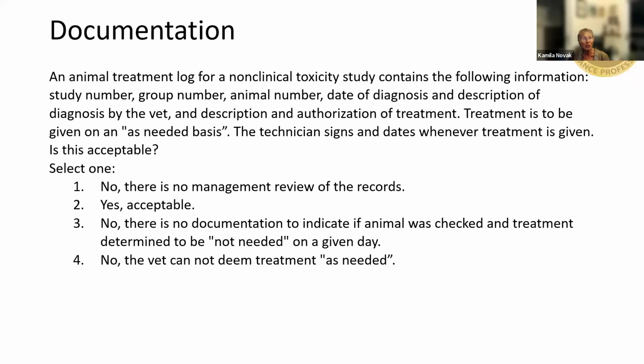It should be in the source documents stating that the question was asked and the answer was negative. And this is a very similar thing. The animal must be checked, and only then is it determined whether the medication is needed or not, but without any record, was it forgotten? Was it missed somehow? We can only guess, and we shouldn't be guessing. We should have clear evidence for any decision, given or not given.